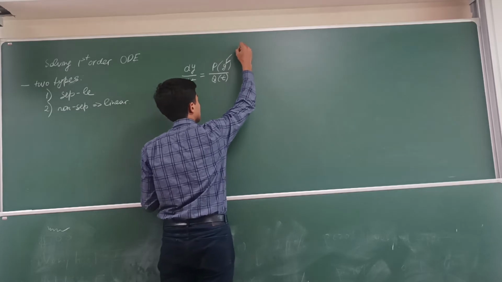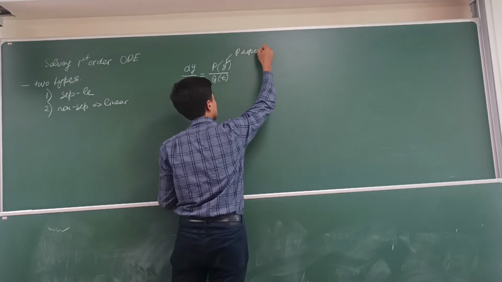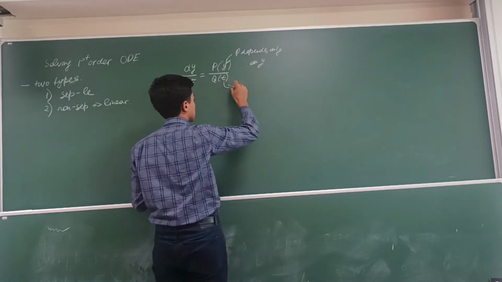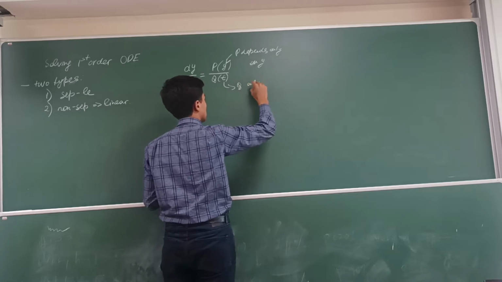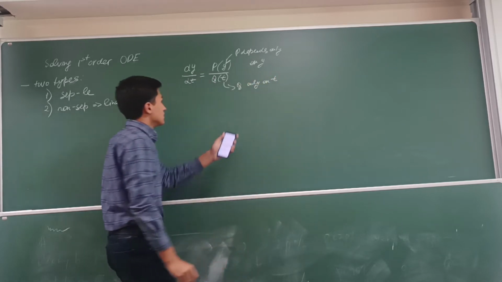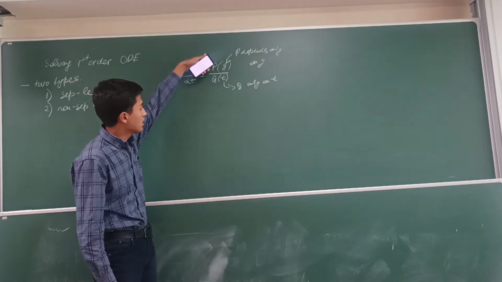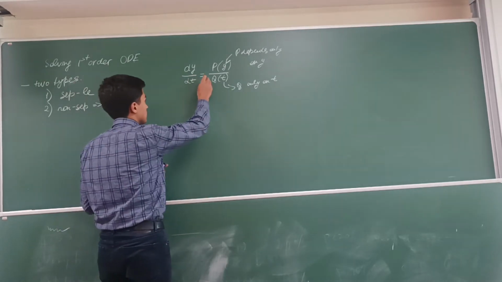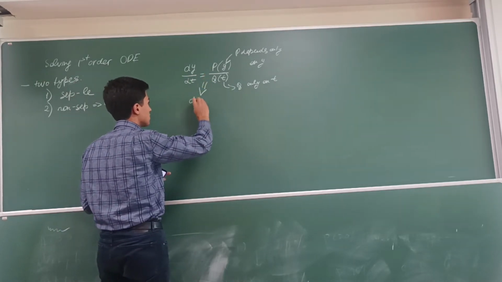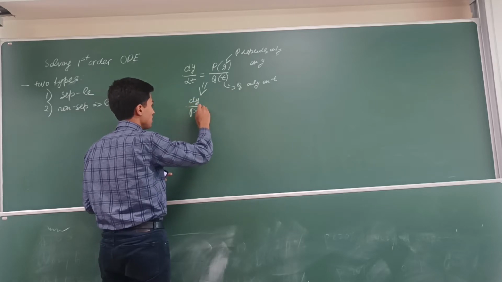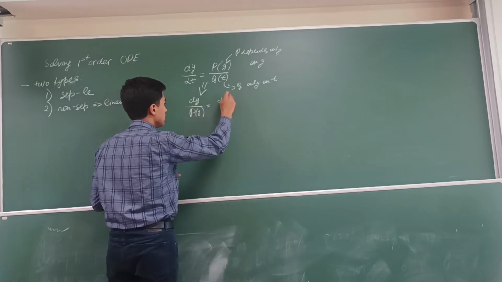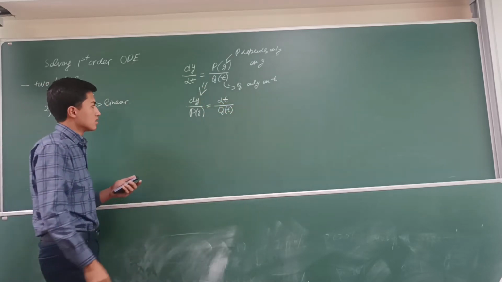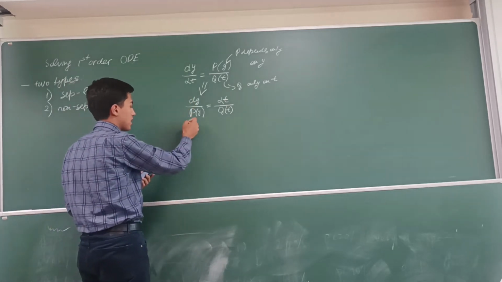I mean P depends only on y, and Q only on t. If you see that one function depends only on y and the other function depends only on t, you can write this equation like dy/P(y) equals Q(t) dt. Then you can take the integral.